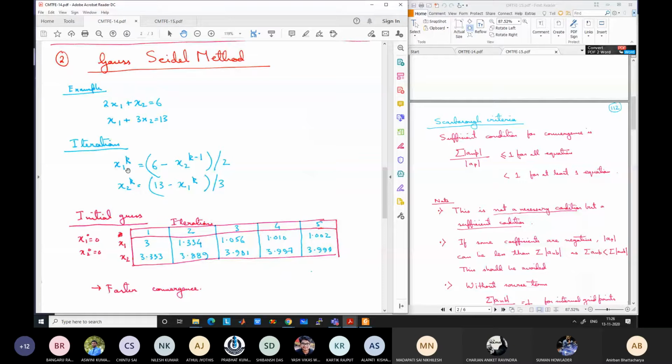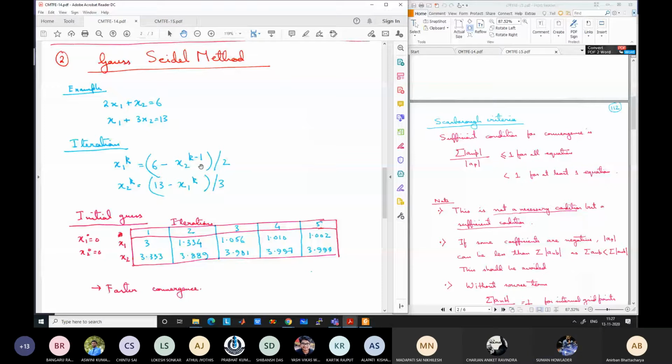So if this is the unknown variable, the coefficient AP in this case is how much? 1. And what is the coefficient of all the neighboring points? Although this is not from a discretized problem, there is only one unknown variable and the coefficient of this is minus half, right? Minus 1 by 2.